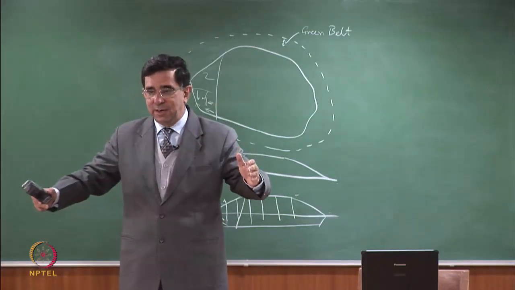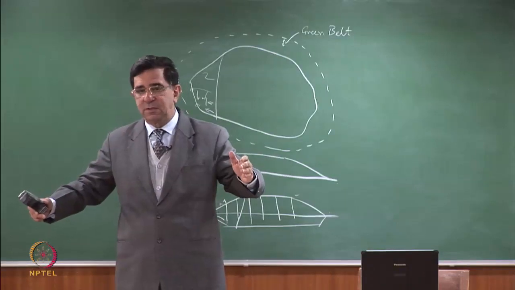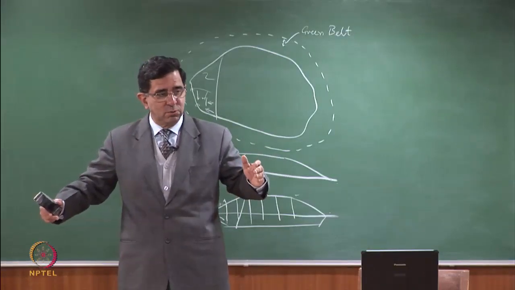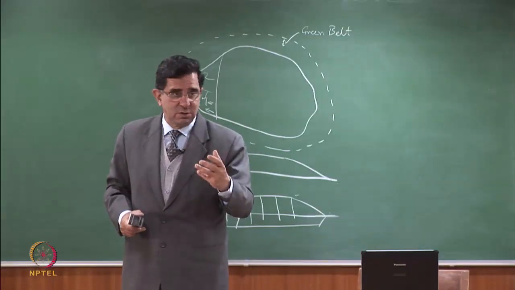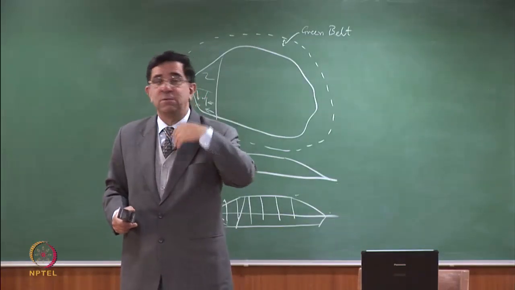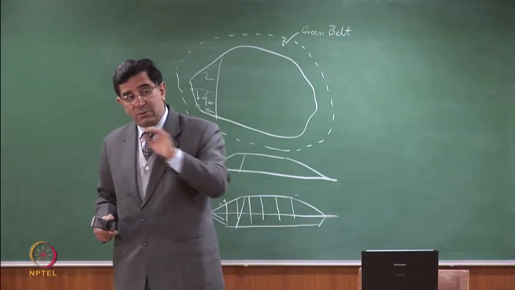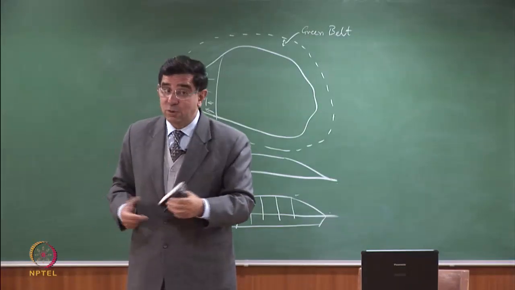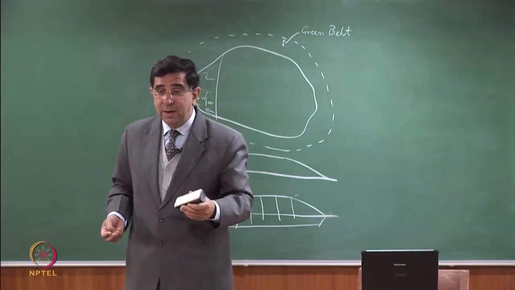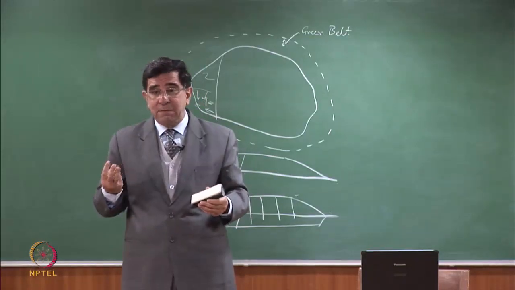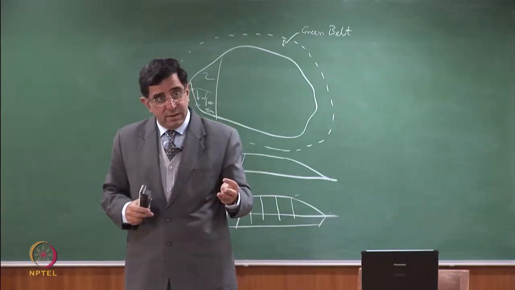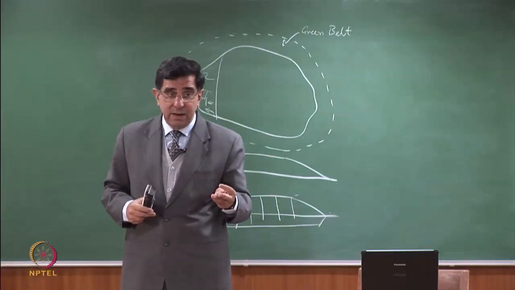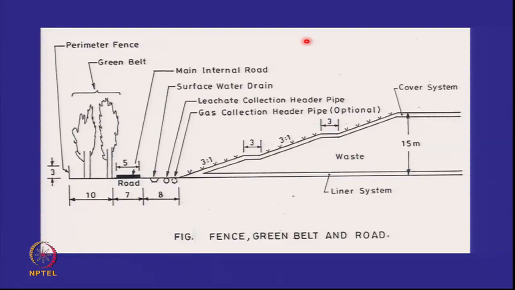So there will be a green belt, a minimum offset distance prescribed in the rules, so you can have the visual impact reduced. You think there are a lot of trees, but behind the trees is the mound. So there's a green belt, and then there's a road, right? And then there are those three pipes that we are talking about. Those are the three pipes: the surface water drain, the leachate main, and the gas main. That's your fence.